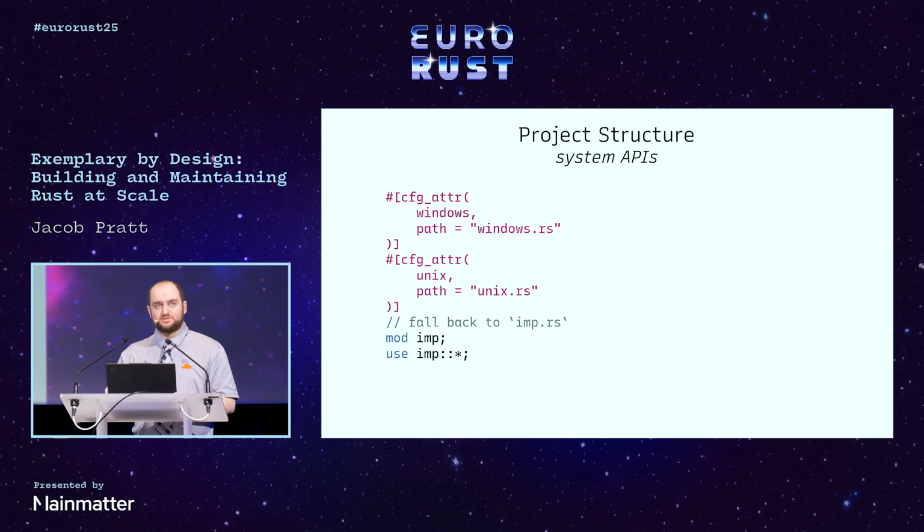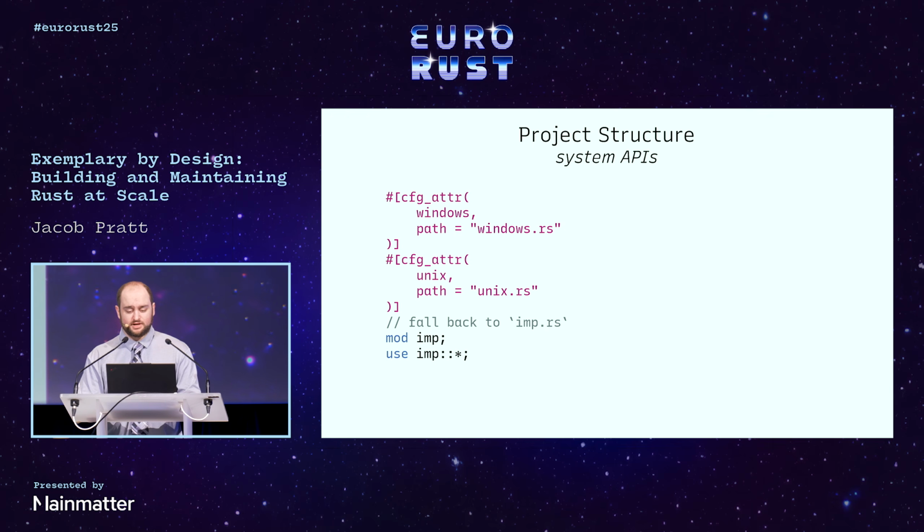Now, if you're writing code that abstracts over system APIs and want to have a common API, whether that be internally or externally, it's generally cleaner to have separate files for each platform to avoid cluttering the code with config attributes. Personally, I tend to use the config attribute on a module declaration to select the appropriate file for the platform while always calling the module the same thing.